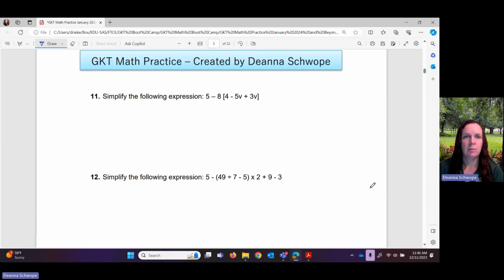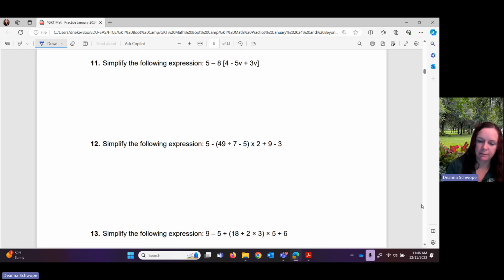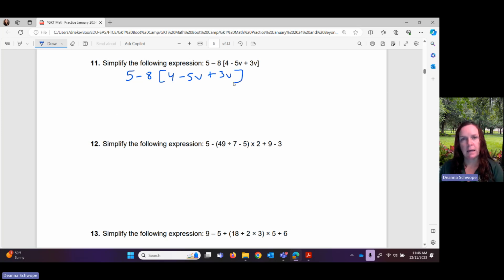All right, number 11, simplify the following expression. 5 minus 8 times the quantity 4 minus 5v plus 3v. Inside the parentheses, we need to first do a little combining terms. So 5 minus 8 times 4, negative 5v plus 3v is negative 2v.